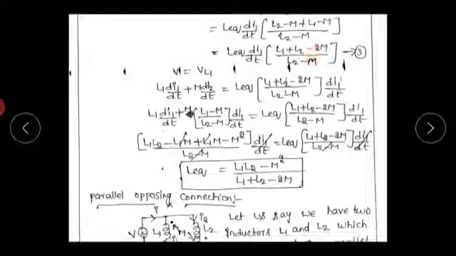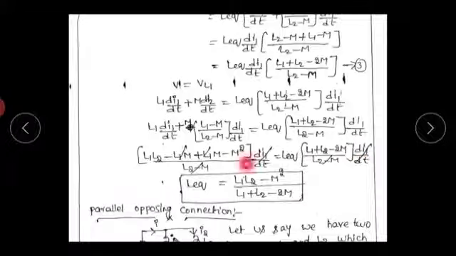Now taking di1 by dt common, you can write L1 into L2 minus L1 into M plus L1 into M minus M square by L2 minus M into di1 by dt equals L equivalent into L1 plus L2 minus 2M by L2 minus M into di1 by dt.